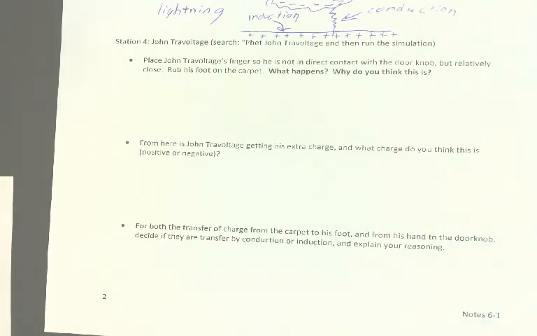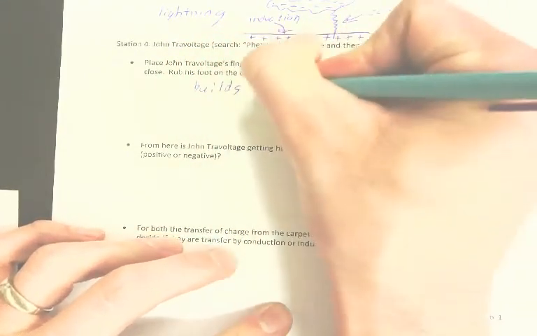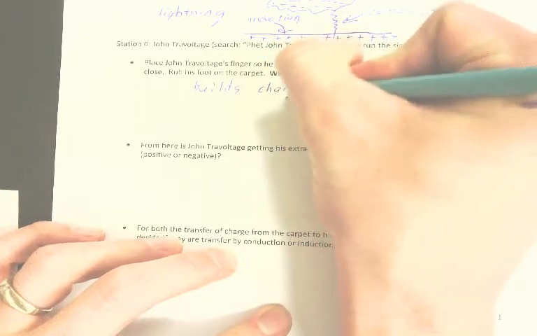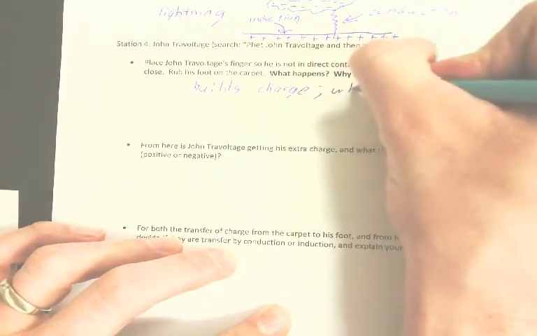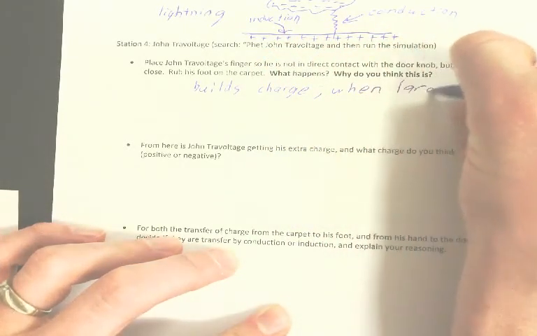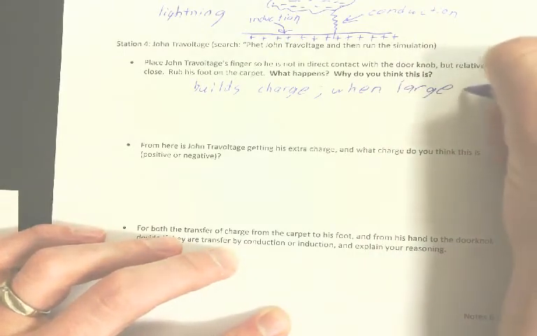So what's going on with this one is that he's basically building charge on his body. So builds charge. When it's large enough, it'll jump to the doorknob.